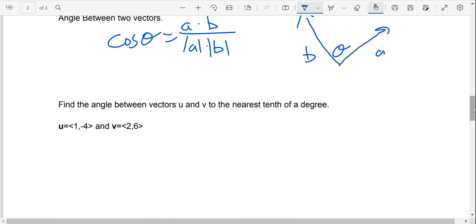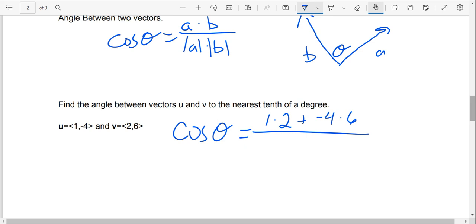So let's do it. Cosine theta, I have no idea what theta is yet. That's what we're trying to find because we're going to find the angle. Dot product of A dot B, so we're going to do 1 times 2 plus negative 4 times 6 over the magnitude of A. Magnitude of A would be the square root of 1 squared plus negative 4 squared times the square root of 2 squared plus 6 squared. Excuse me, plus. Should be adding them. Let's do some simplifying.